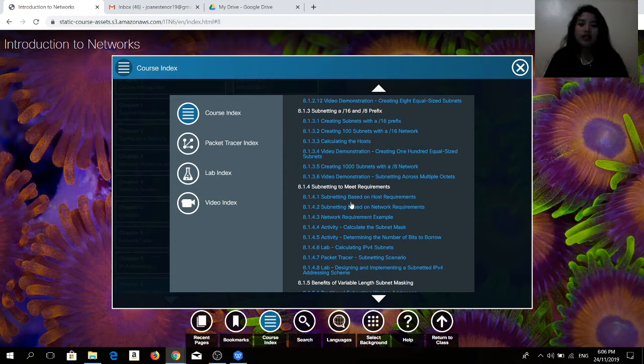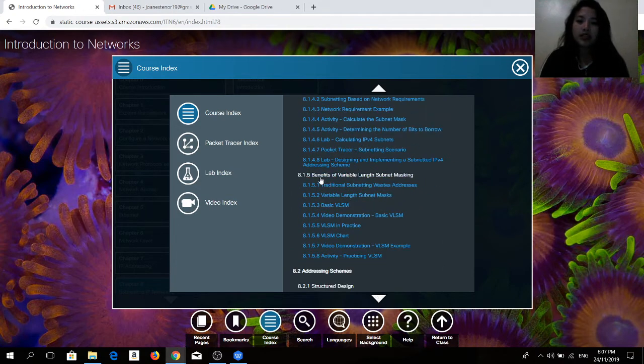Then next to it is subnetting to meet requirements. Under it, we have subnetting based on host requirements, subnetting based on network requirements, network requirement example.